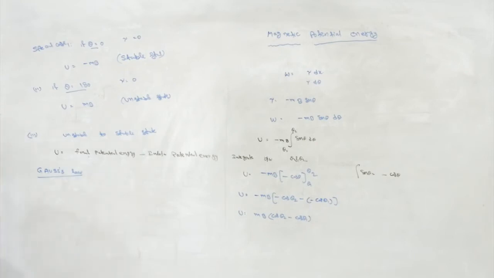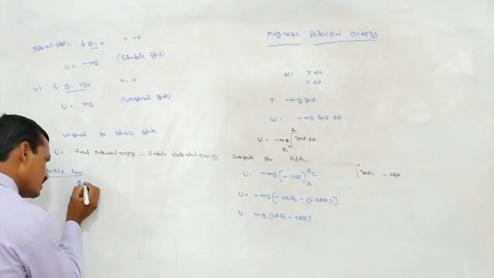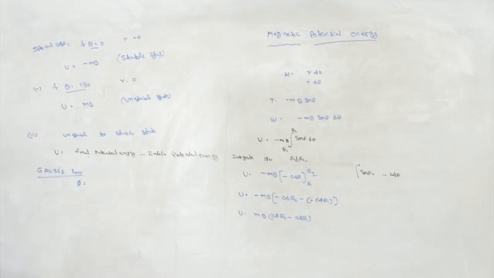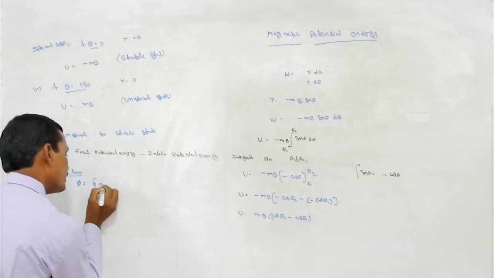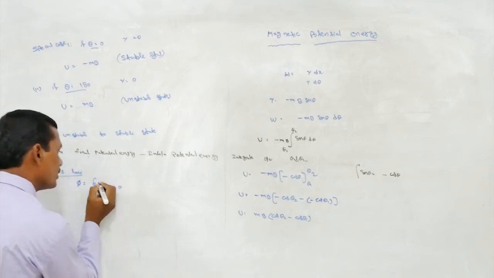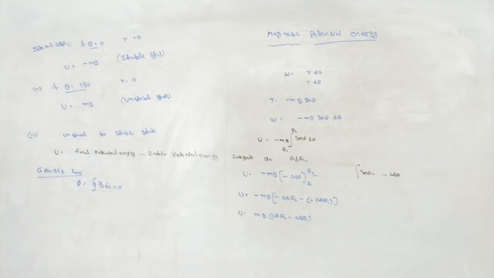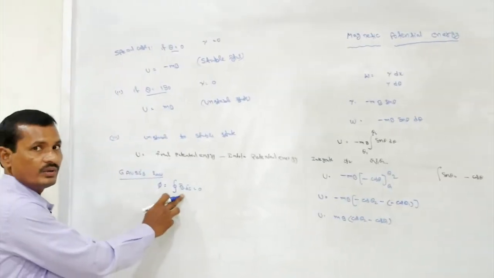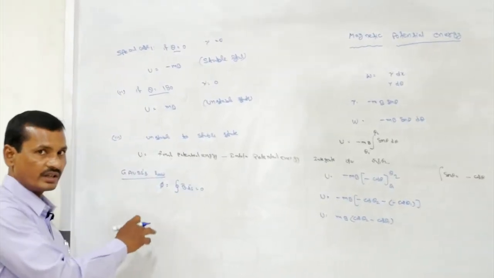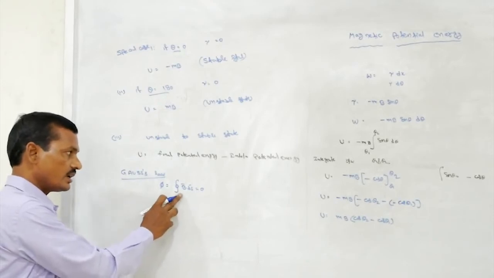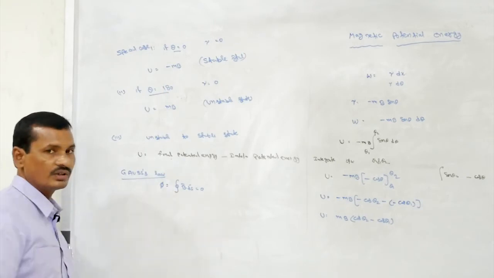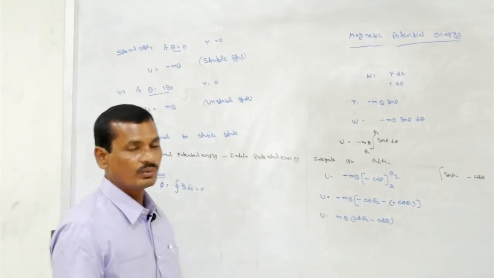It can be written like this: magnetic flux phi equal to integral of B into ds, that equal to 0. In vector form of the Gauss law, phi equal to closed integral of B bar into ds bar, that equal to 0. We have to remember this.